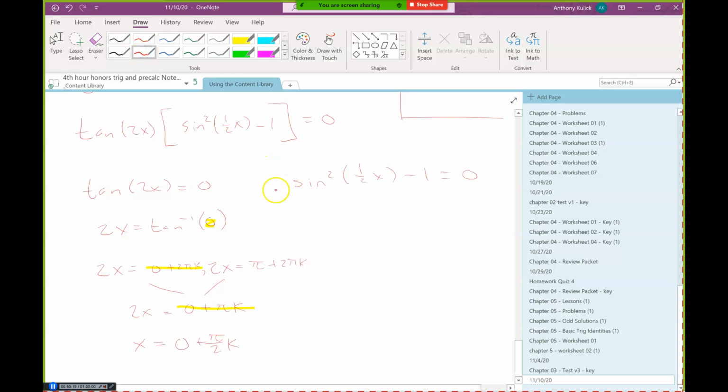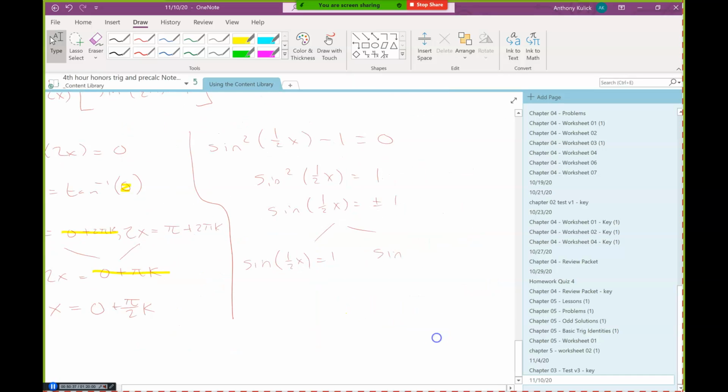If we do the other one now, we'll add 1 to both sides, then square root both sides. We have to split that up into 2 pieces, and then do our inverses.